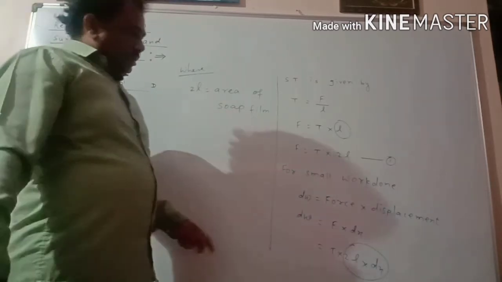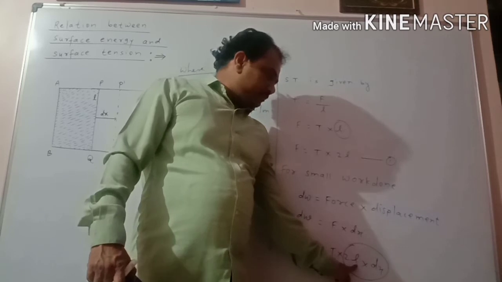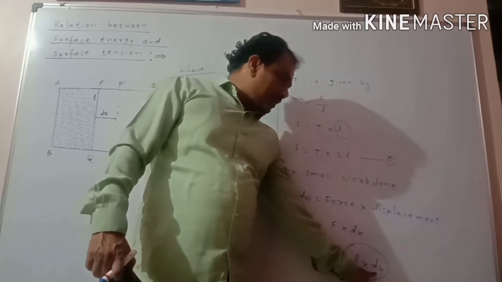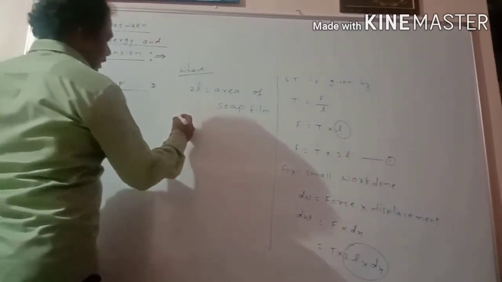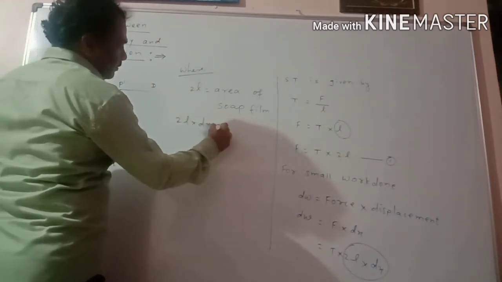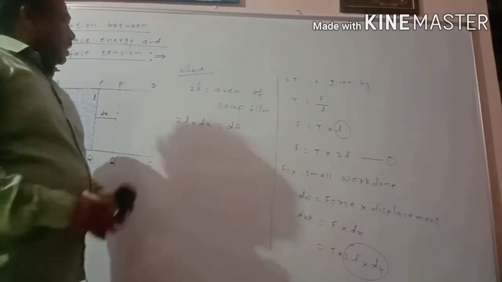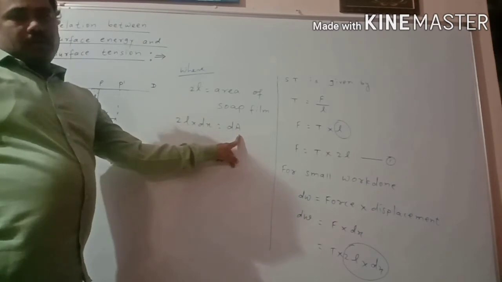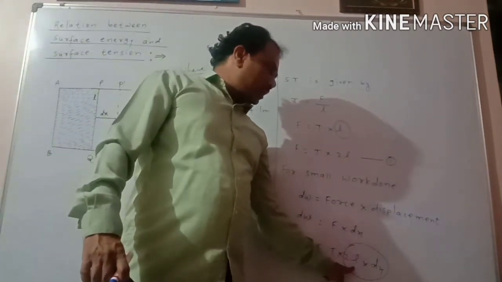Now this is the length of the surface area, and dx is the breadth. So length into breadth, 2L into dx, is equal to area. dA stands for area, because 2L multiplied by dx means length into breadth.